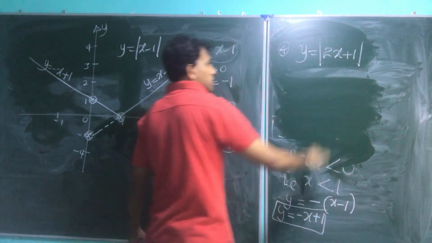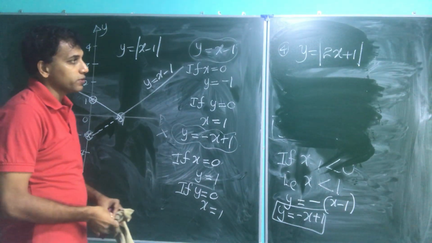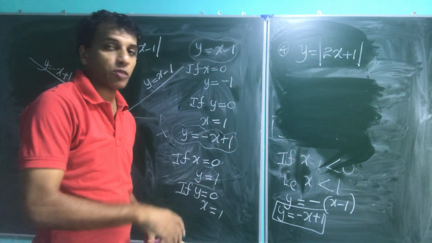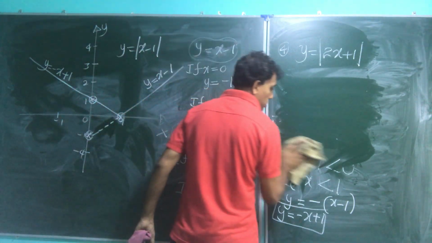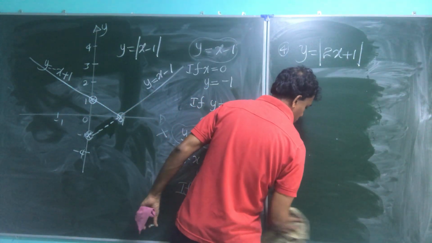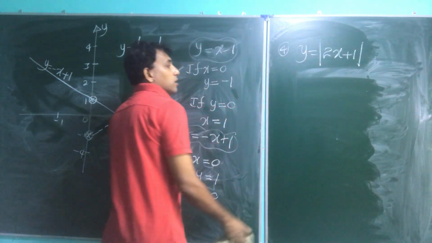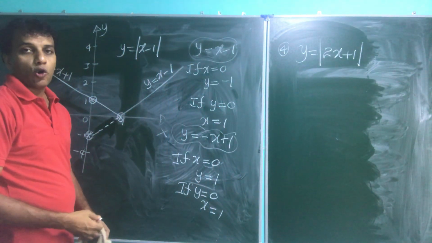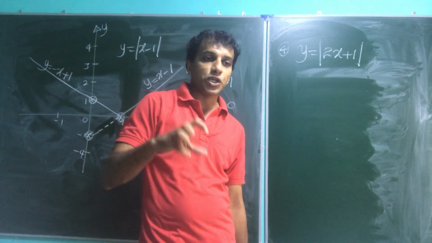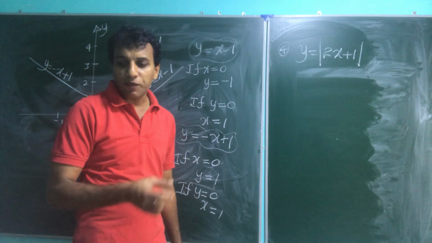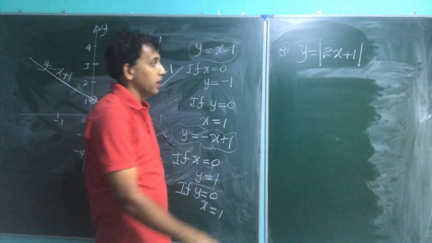Start the work, draw this, mute the video, stop the video, try that and check with my video. y equals modulus of 2x plus 1. So always follow the modulus definition. One for positive, what happened? And if it's negative, what happened? That's the modulus definition, right?